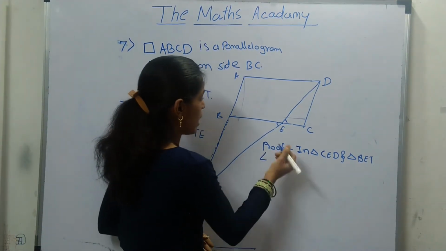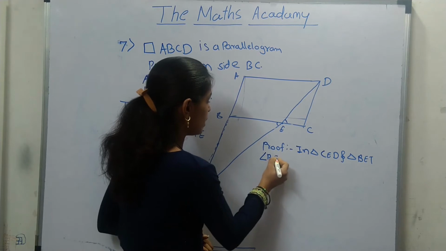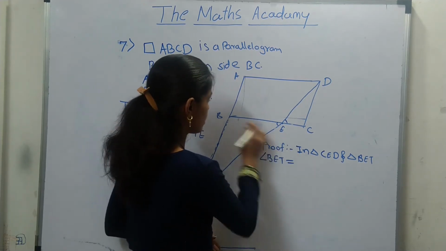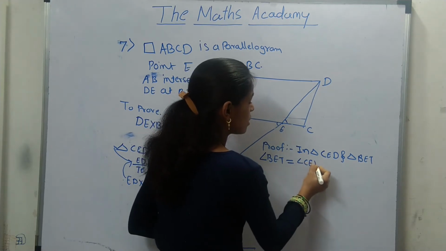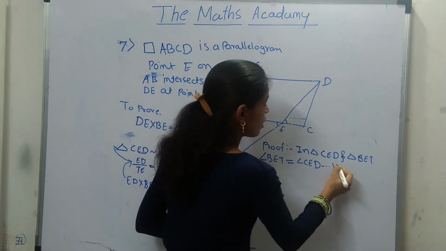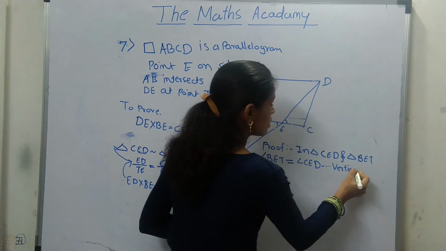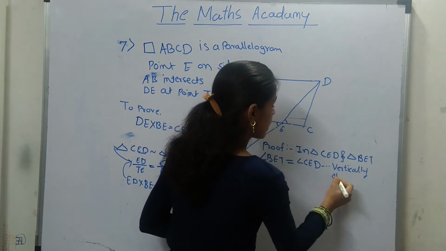Okay, so angle BET is equal to angle CED. We will write here as vertically opposite angles.